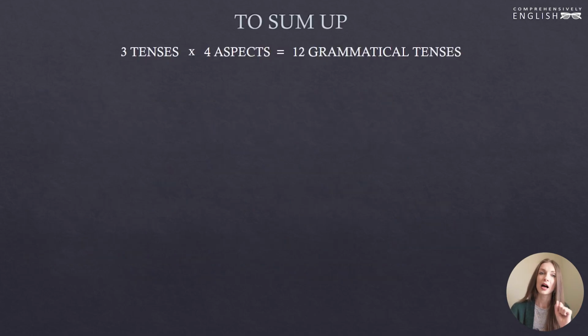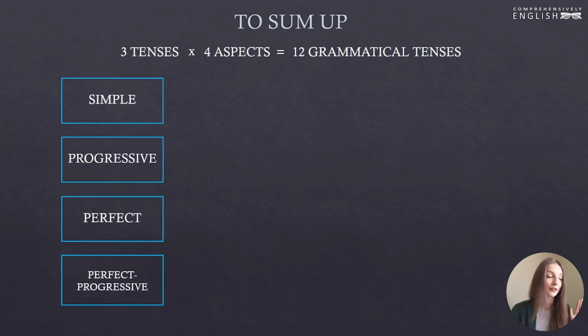Let's sum up everything that we have learned in this series of lessons about the 12 grammatical tenses of English. So we have 3 tenses and 4 aspects, which together bring us 12 grammatical tenses. The 4 aspects are simple, progressive, perfect, and perfect progressive.